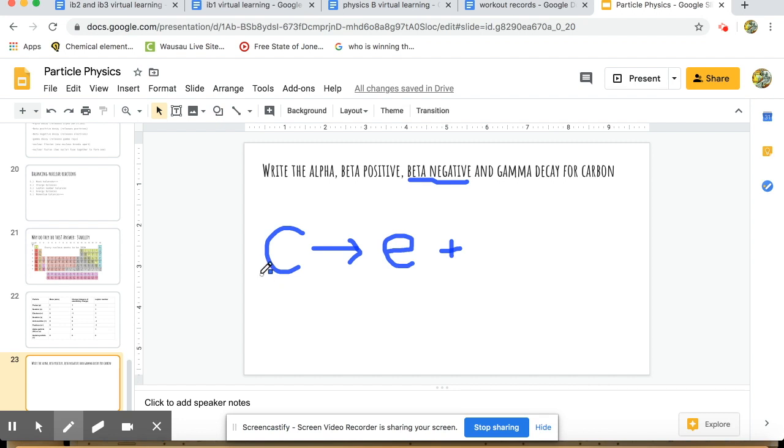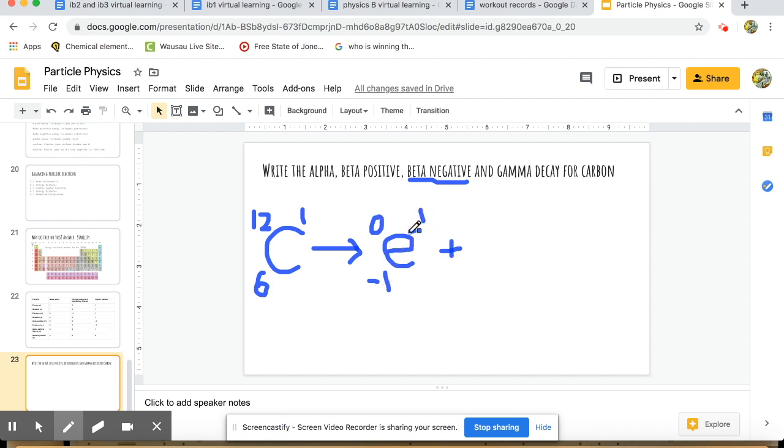So we can fill in information with carbon already. We know that the nucleus has a charge of 6 and a mass of 12, and it is a particle, so we got 1. Electron, I'll put a negative here so we know it's an electron, not a positron, has a charge of negative 1 and a mass of 0 and a lepton number of 1.